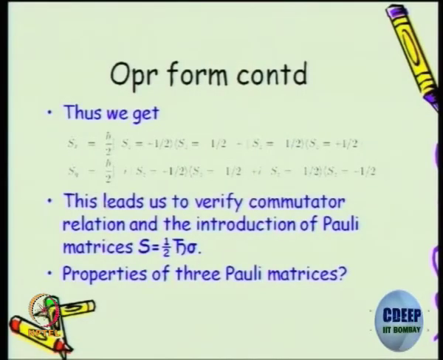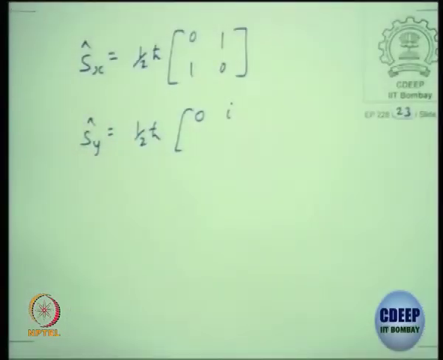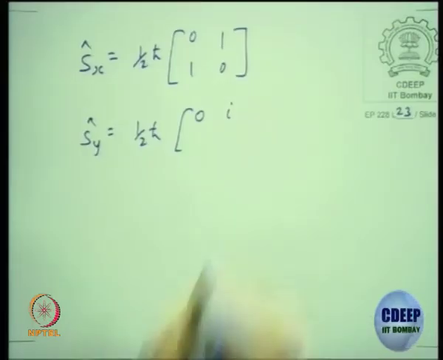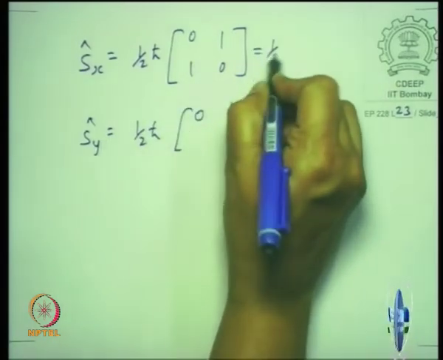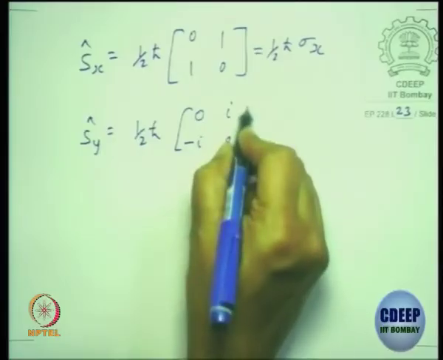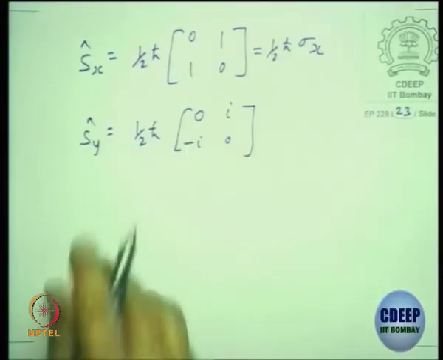So write the matrix form for the Sx and Sy and figure out what is sigma x and sigma y. Can you write it down? Matrix form for the Sx operator, if you try to write, this will be half h cross sigma x. Note that each of them is Hermitian.